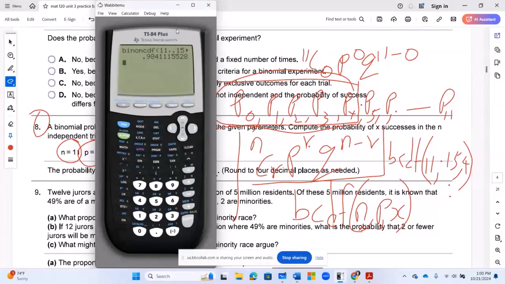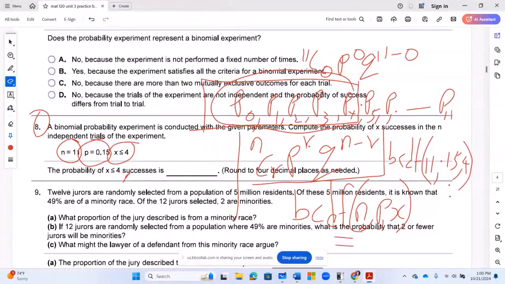So that answer is 0.984, the area to the left. Even if you put it on a table and do it one by one, you will still get the answer, 0.984.